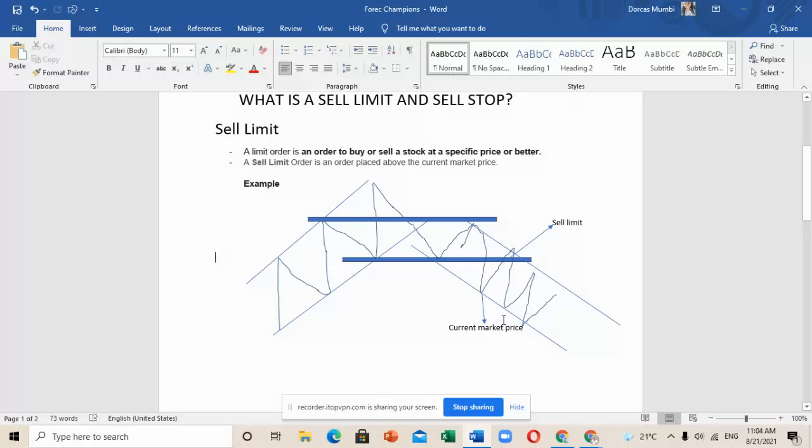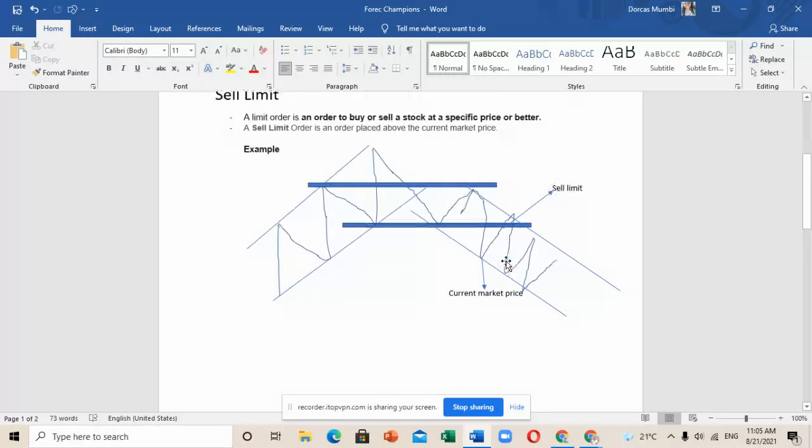Remember, the sell limit means it is not a must for you to stay on the charts to get into a trade. You just place that sell limit and continue doing the things that you are doing, without waiting for the market to reach this position. When it gets there, automatically you're going to get into that trade and you will be able to make some cash out of it.